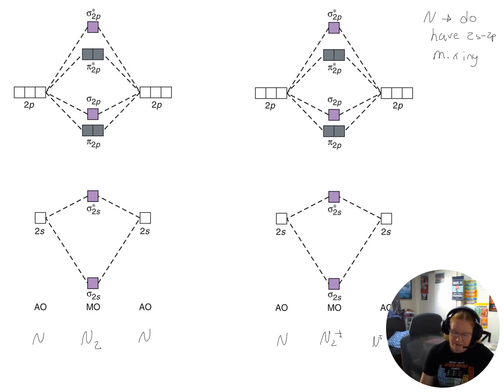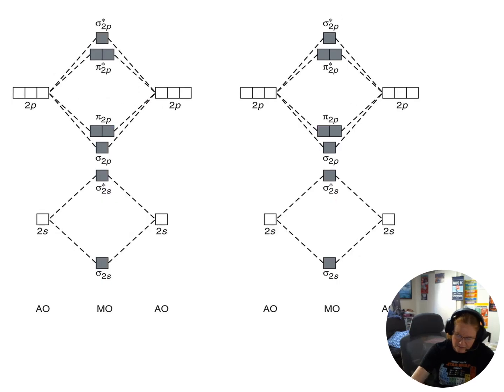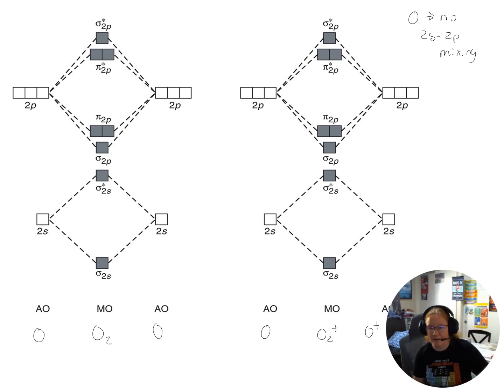Calculate your bond orders and give an explanation. Okay, and then you'll do oxygen. Okay, same thing, oxygen. And you'll do the ion one. Calculate those bond orders and provide an explanation.